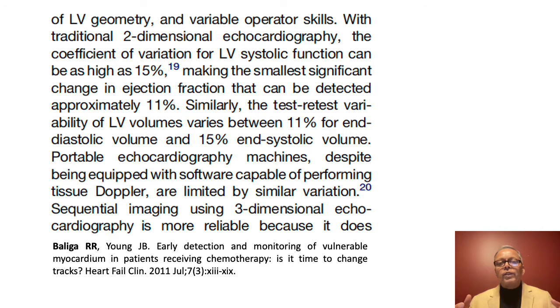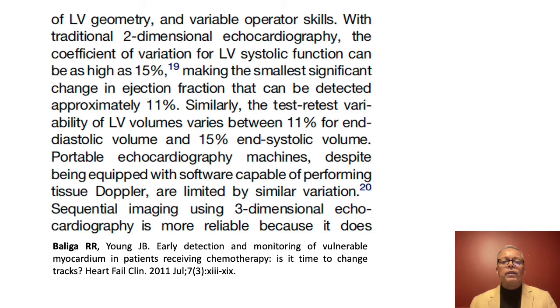The important thing about ejection fraction by echocardiogram is to realize that with 2D echo, the coefficient of variation for LV systolic function can be as high as 15% intra-observer variation, making the smallest significant change in ejection fraction that can be detected approximately 11%.